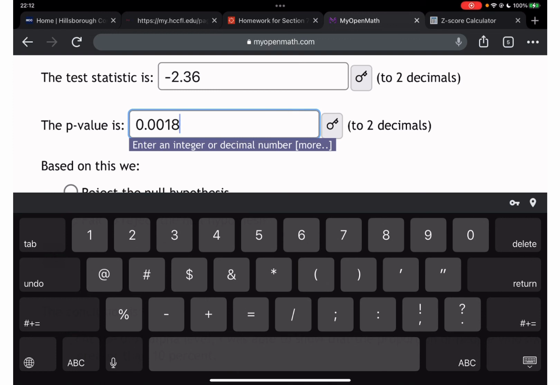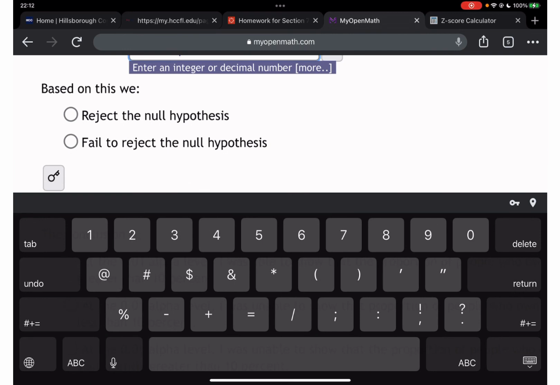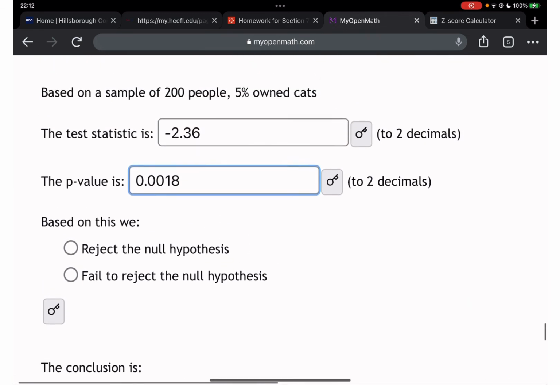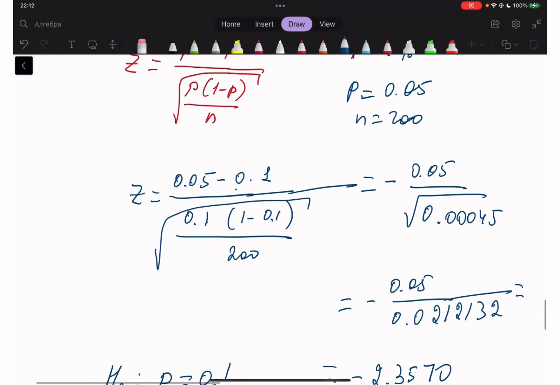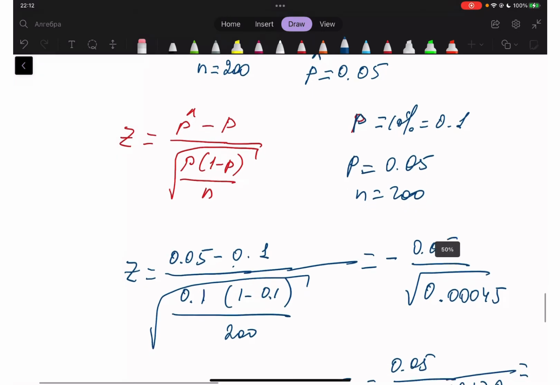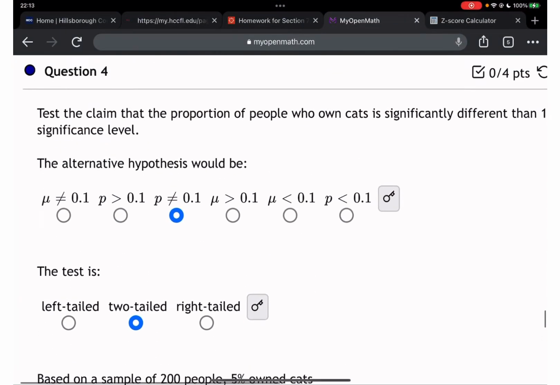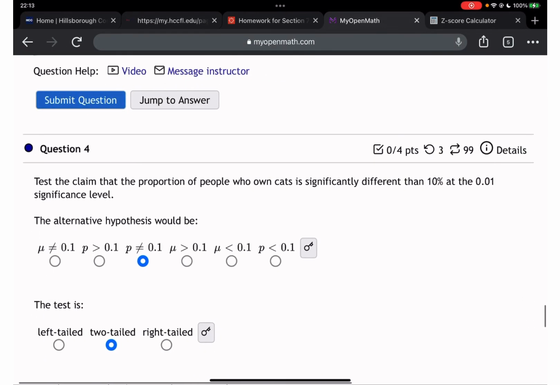Okay, so from here, based on this, what are we going to say? Our alpha, our significance level, how much is it? Significance level is, I believe, let me see, 0.01.